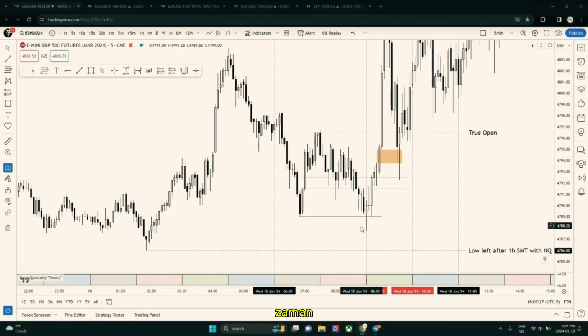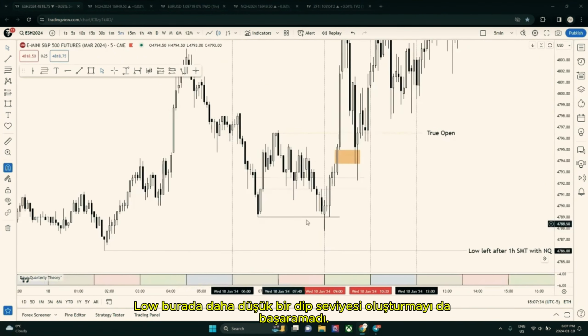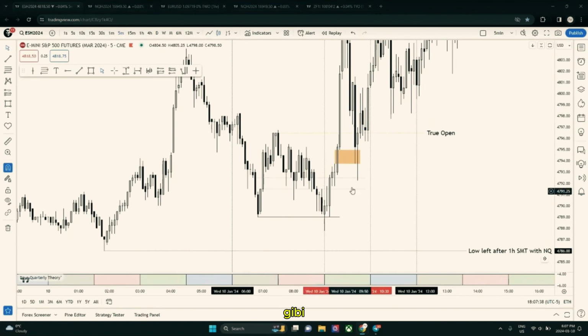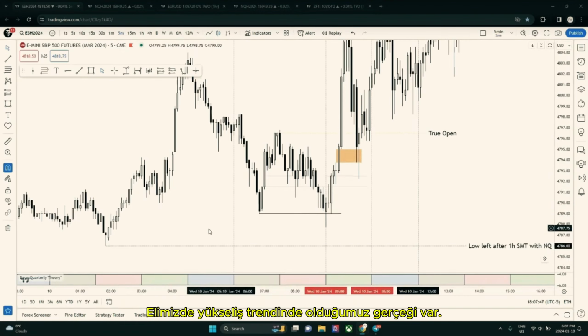Here, the ES failed to make a lower low. It also failed to make a lower low here as well. So this right here is the market tipping its hand that we are in a bullish environment.